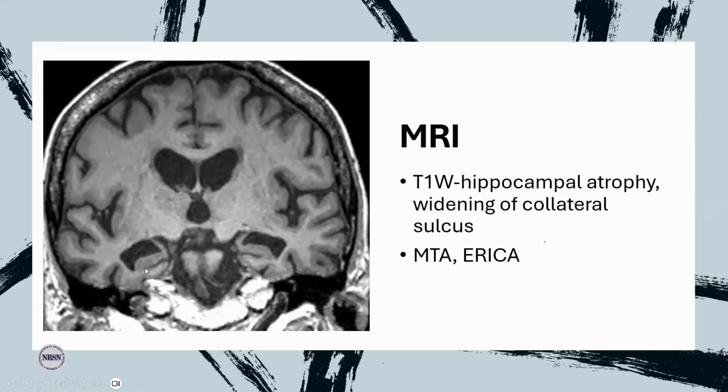Then we should also notice that the entorhinal cortex is also reduced in this image. So we can give a score of MTA 2 for this patient, and an ERICA 1, because on the contralateral aspect, this collateral sulcus is also widened, which will give the patient a score of ERICA 1 for this image.